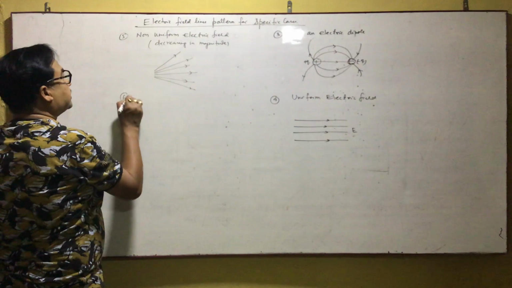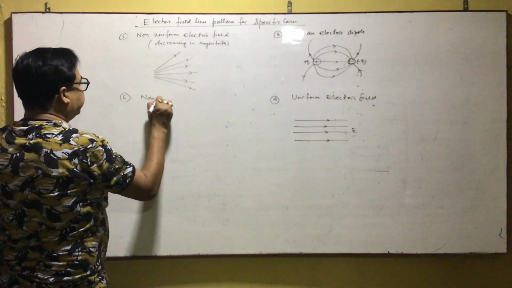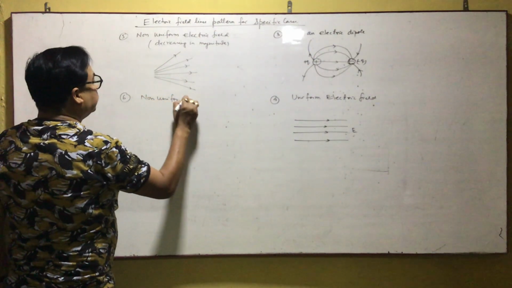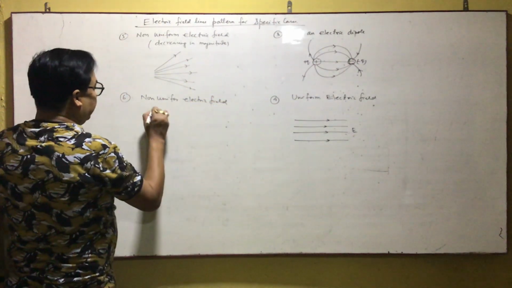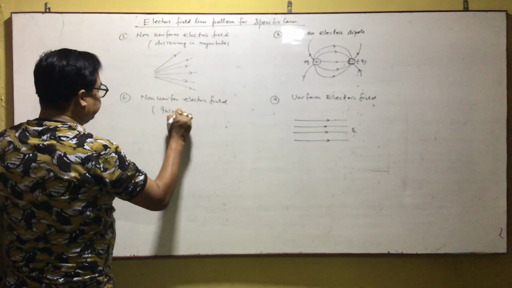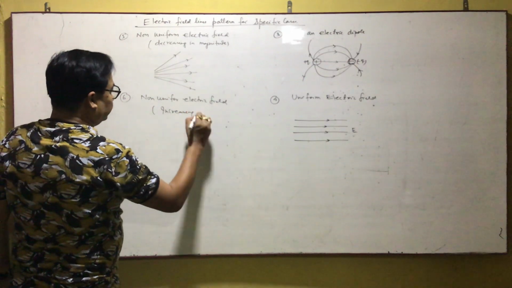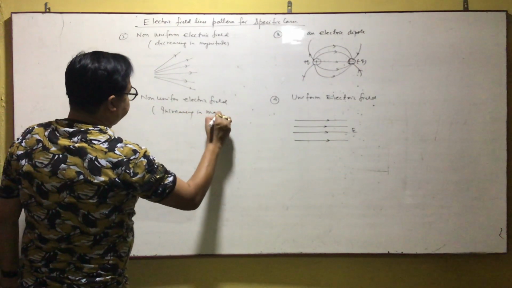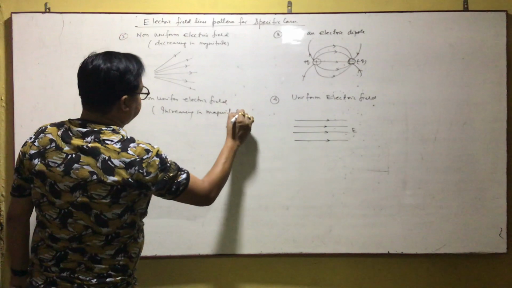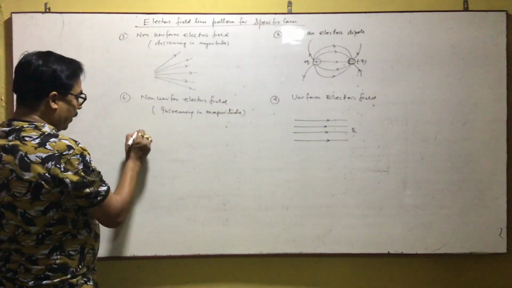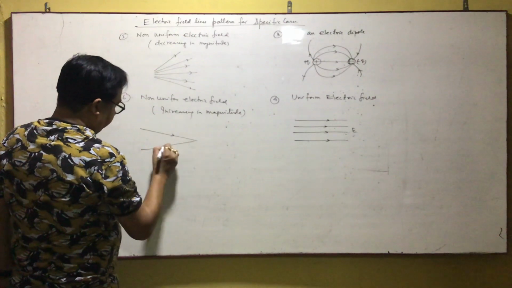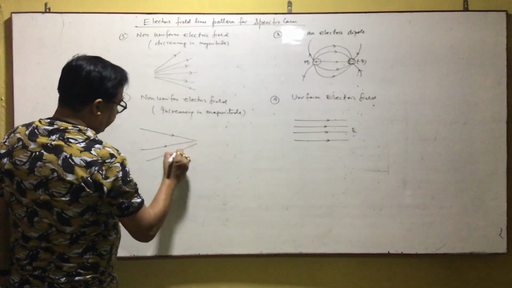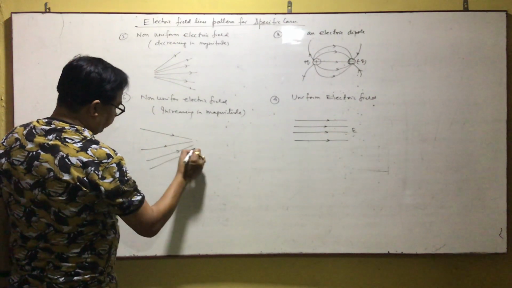Now number 6 is non-uniform electric field increasing in magnitude. So the lines are coming closer and closer.